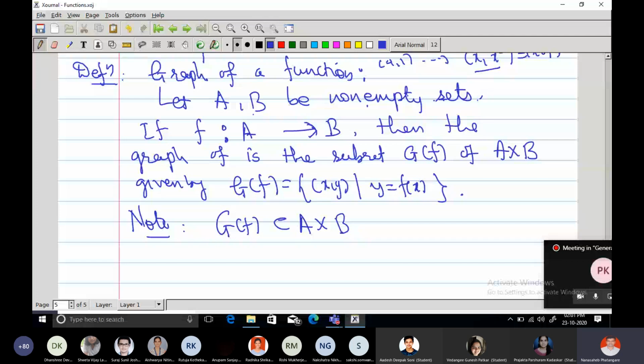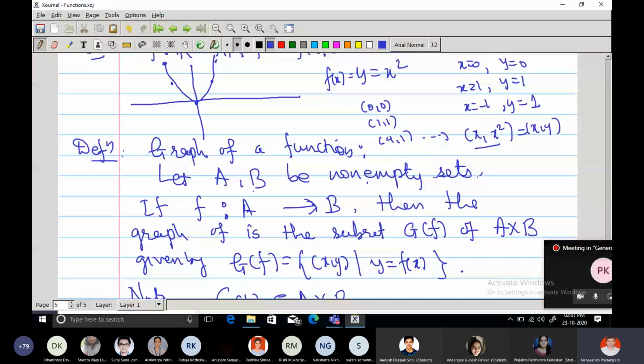This is what you did in plotting the graph of y is equal to x square. How did you plot the points? You just evaluate the second component, y. What is y? The value of the function at x, that is x square. Is it clear?